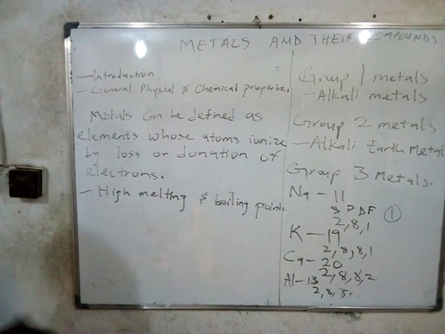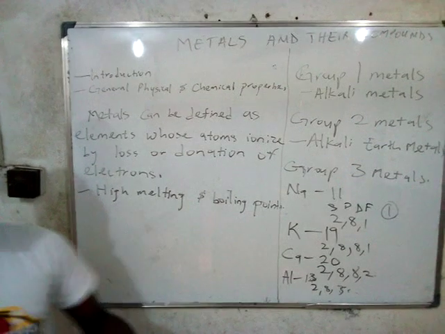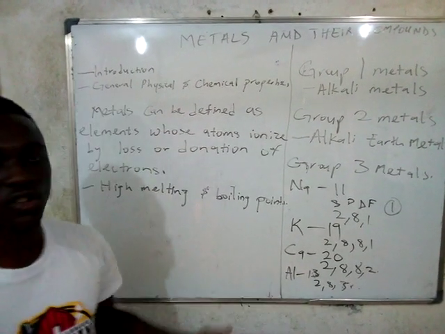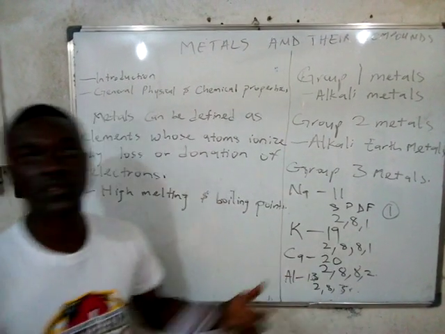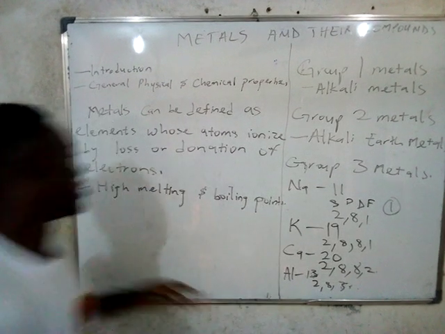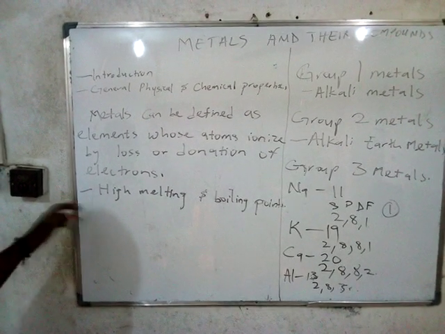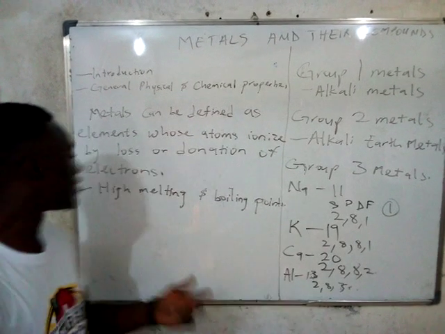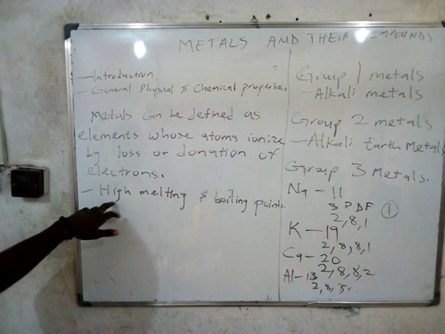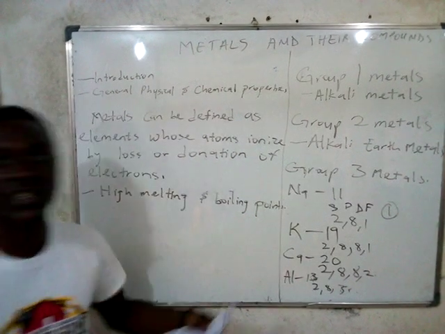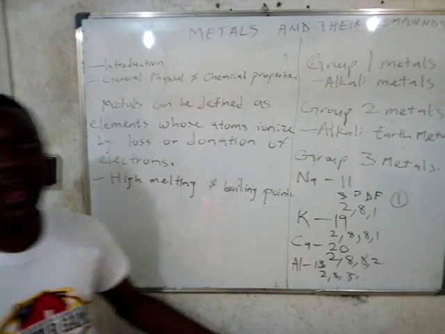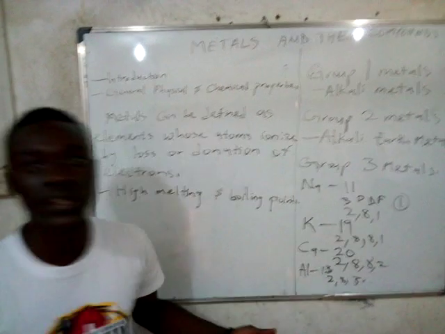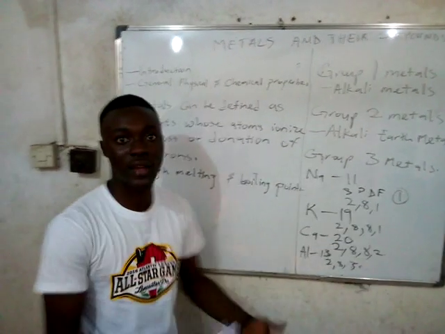Because of the arrangement of the atoms in the crystal lattice of their structures, they tend to form strong bonds with one another. These strong bonds make it very difficult for the atoms to disintegrate in the crystal lattice, so metals have very high melting points, because you have to heat the metal to a very high temperature for the atoms to disintegrate in order to form either liquids or gases.